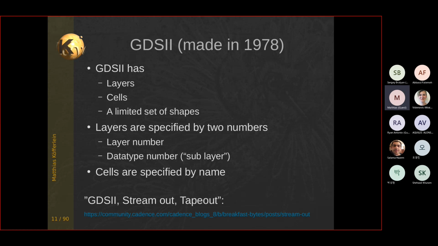I found actually a nice blog below which explains the history of GDS. So, who actually knows the term GDS file? You hardly come in touch with that if you're using Virtuoso. But GDS is a format for mask layout, which was made in '78, as you see.